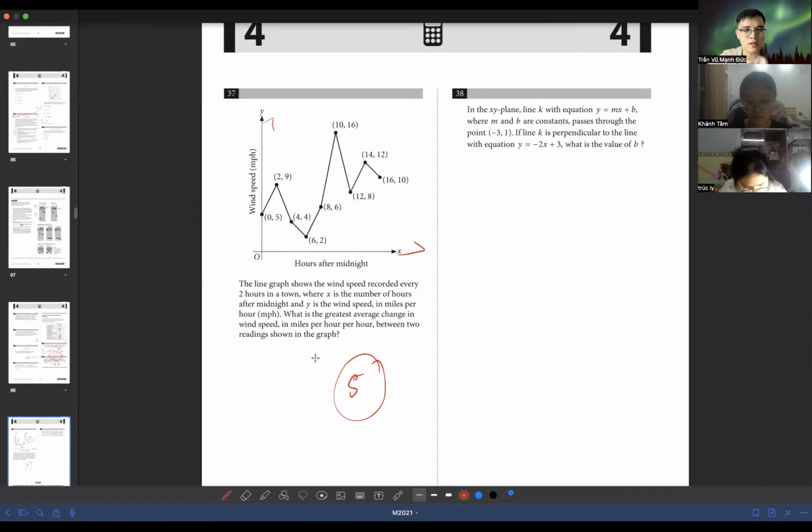Greatest change in wind speed. Hang on a sec. Let me just open my document.